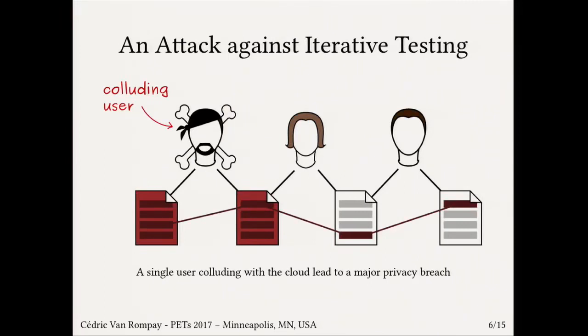If the server colludes with a user, so this one here, then the server has access to the content of all the indexes this user was allowed to search, the documents in red, and there's nothing we can do about that. But because of these relations between keywords that the server could see thanks to iterative testing, the server will also recover keywords in other documents, so this one here.